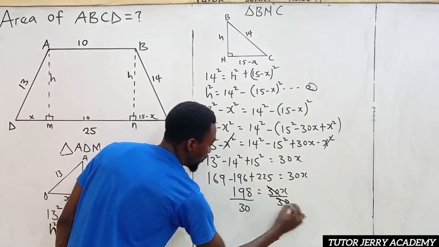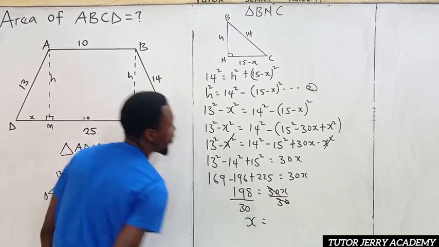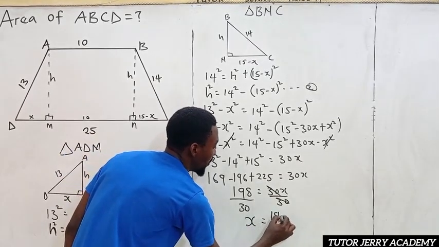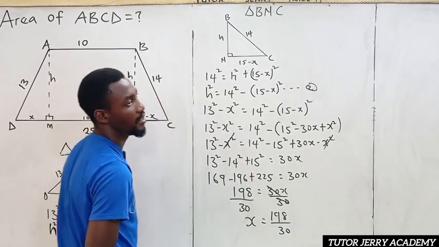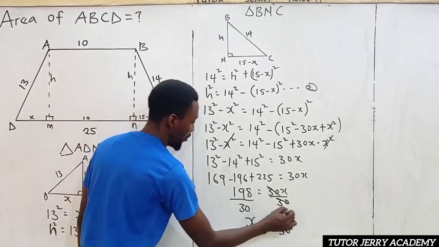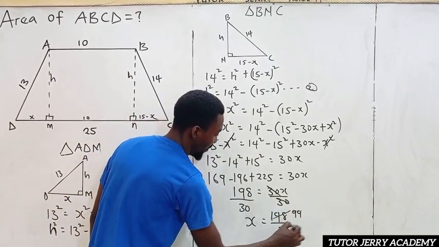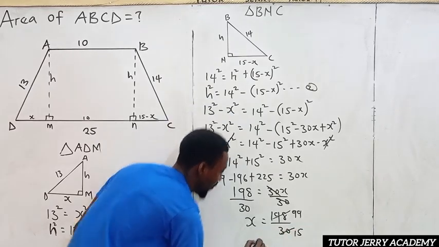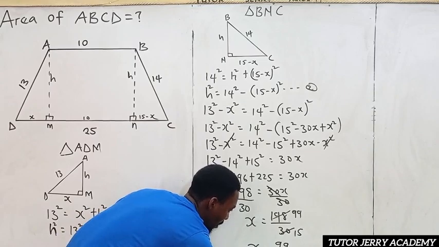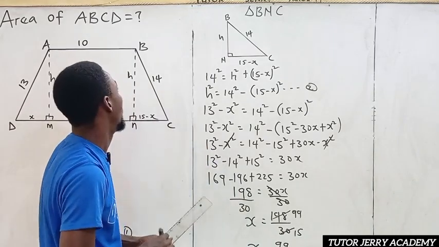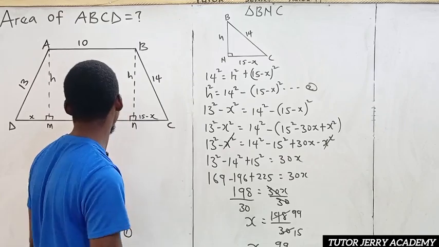Then s will be equal to 198 over 30. I think we can reduce this by 2. If we do this, we are going to have 99 here and 15 here. So s will be equal to 99 over 15. All right, so we have gotten the value of s.